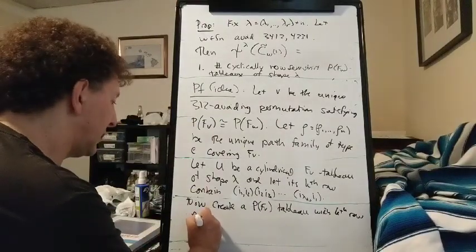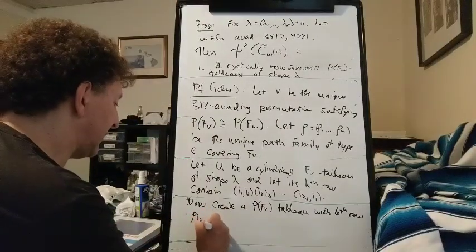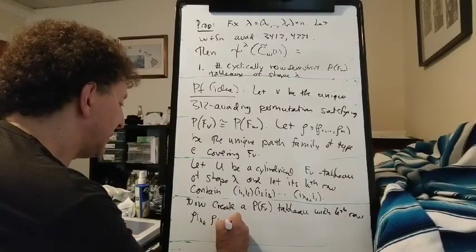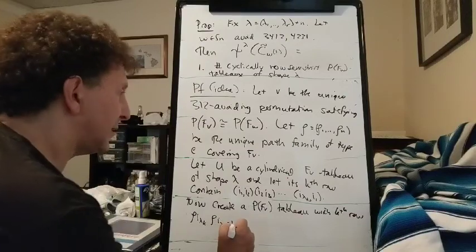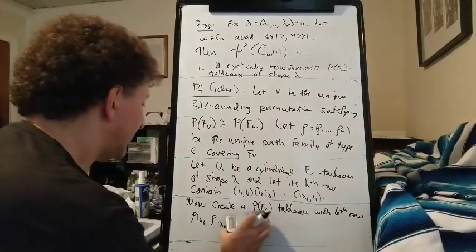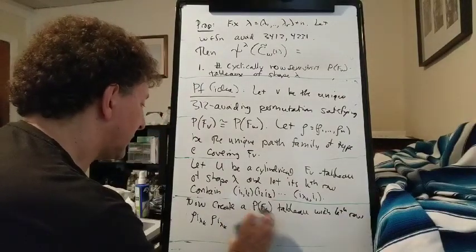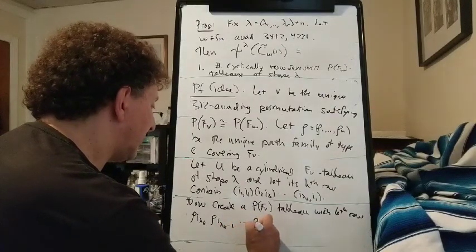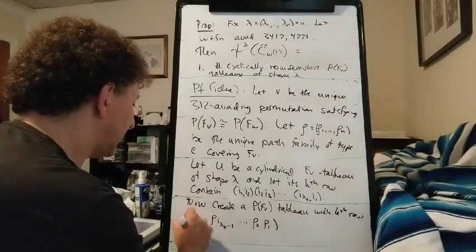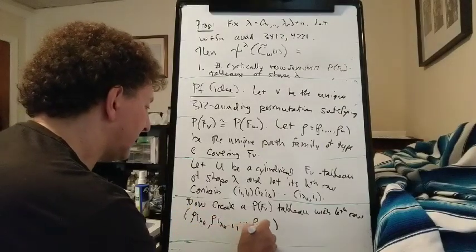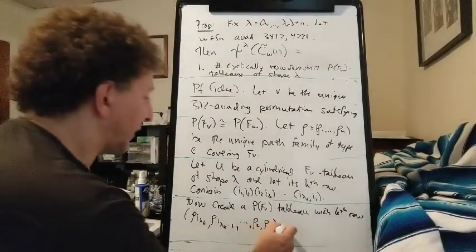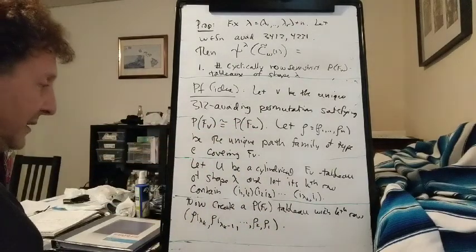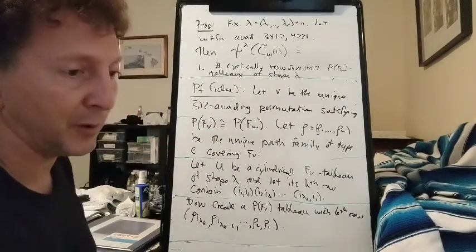So row I lambda k, row I lambda k minus 1, row 2, row 1. So we'll take those paths out of the unique path family of type identity and make them the kth row.